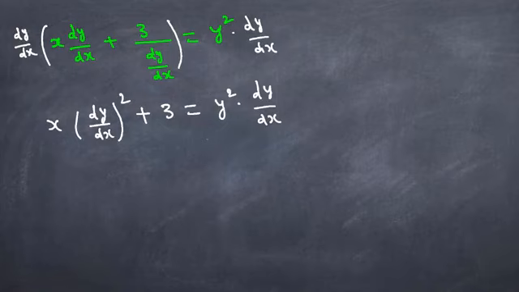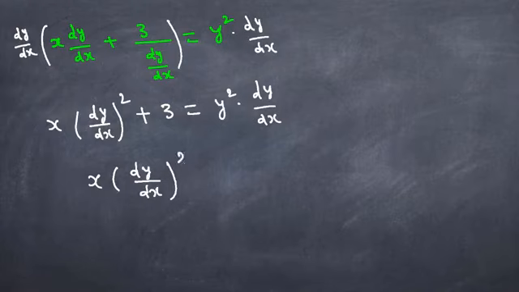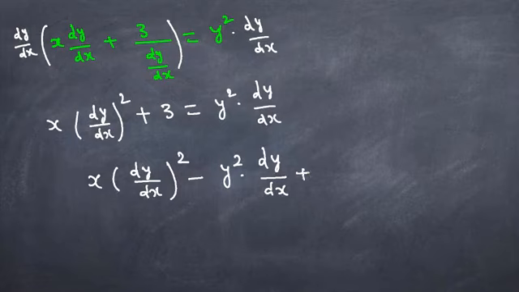Now subtract y square dy over dx from both hand sides. We got x into dy over dx square minus y square dy over dx plus 3 equal to 0. So first of all, what is the order of this differential equation?